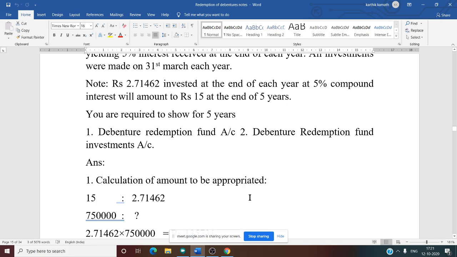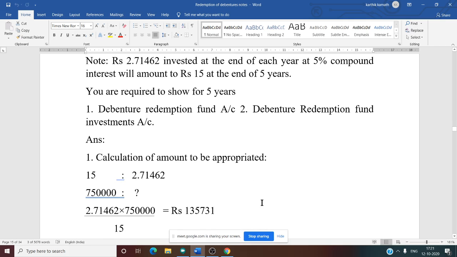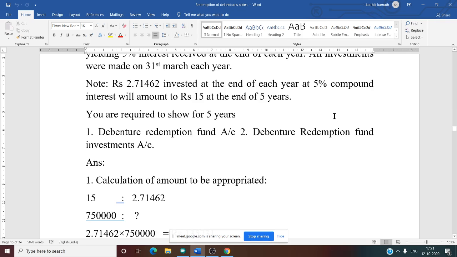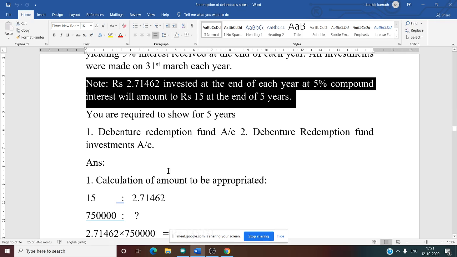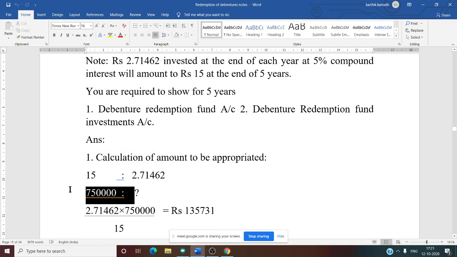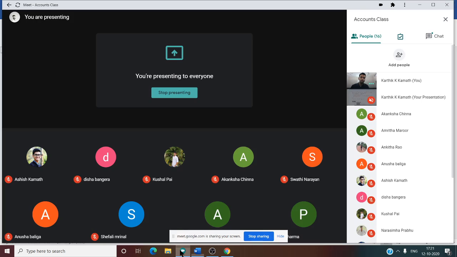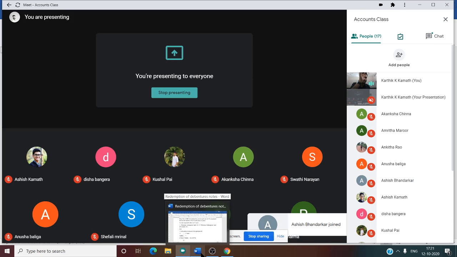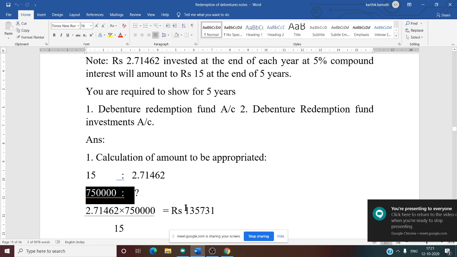So the first part is the calculation of the amount to be appropriated. Since it is given in the question that for 15 rupees, 2.71462 is to be kept aside, for 7,50,000 how much? Cross multiplication you need to do. Why only 7,50,000? Issued at par, payable at par, so there is no premium amount.